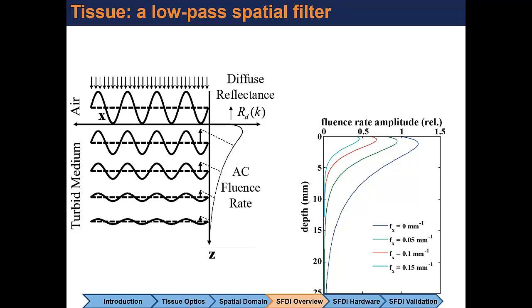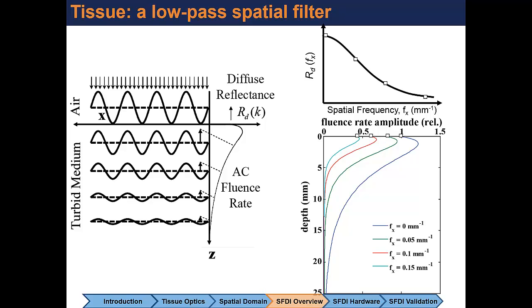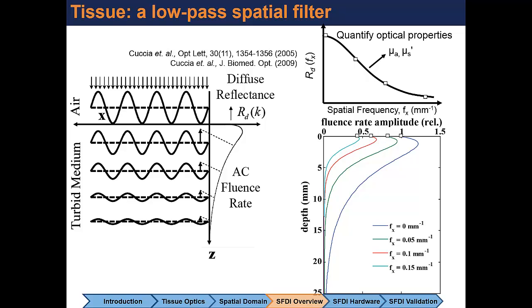So in terms of the first component, the wave is damped, and what we measure at the surface is proportional to those measurements just beneath the surface. So those 4 blocks are basically those 4 blocks. So we make measurements at many spatial frequencies, and then we fit that to an equation that represents what we believe absorption and scattering contrast should produce, and we get a curve like that, and that allows us to quantify optical properties.